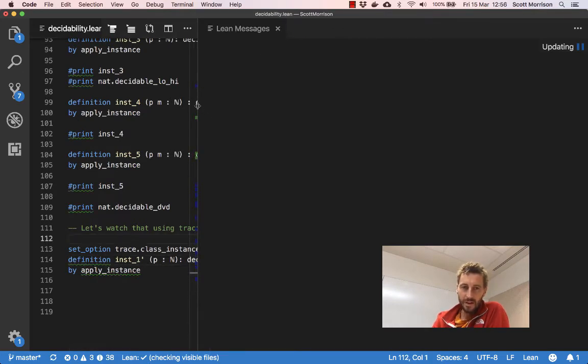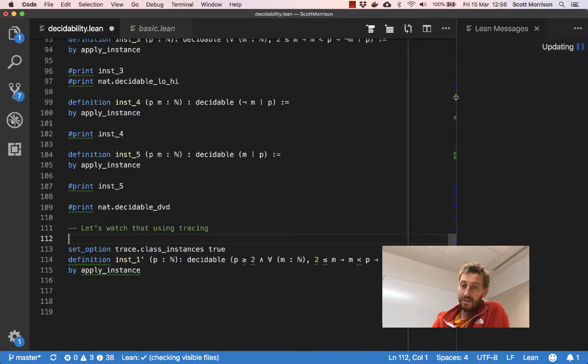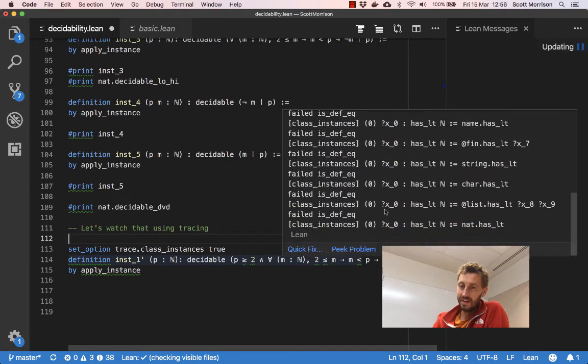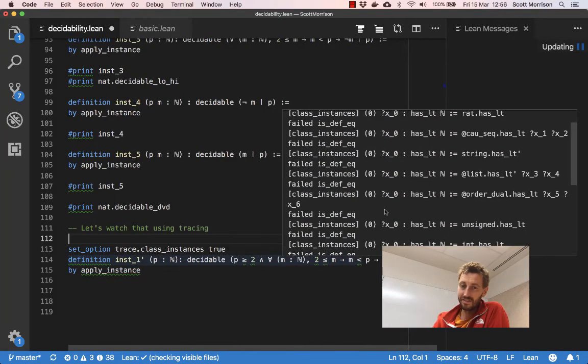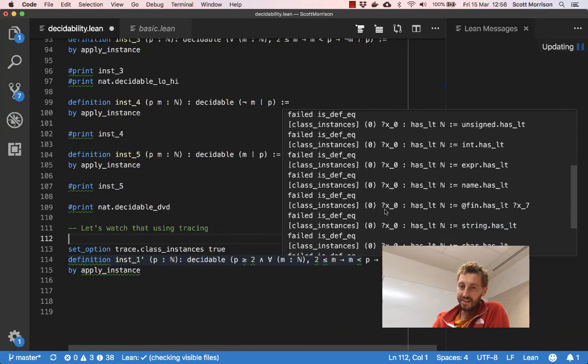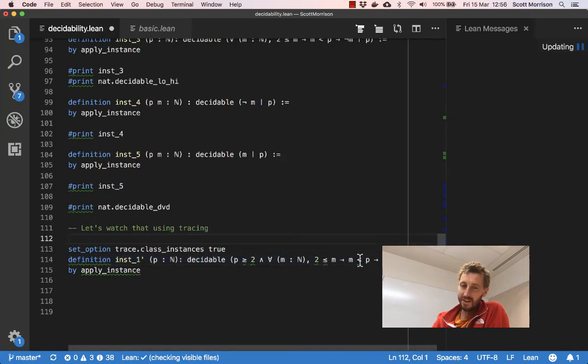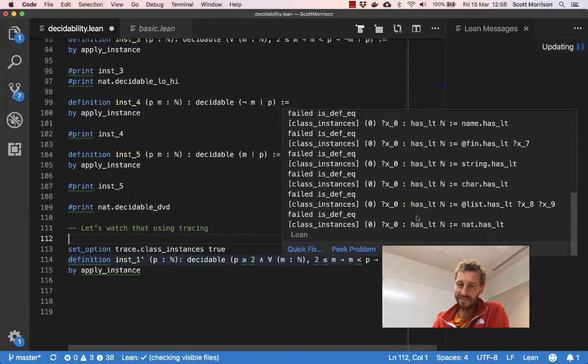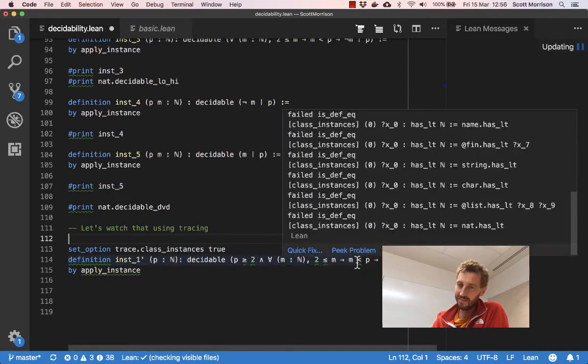That's going on everywhere you're using any of these overloaded symbols. Has_lt is going off, and notice that it tries a bunch of dumb things, like considering the fact that string has a less than operation on it, before a few steps later it realizes there's an instance of nat.has_lt, and it should use that.